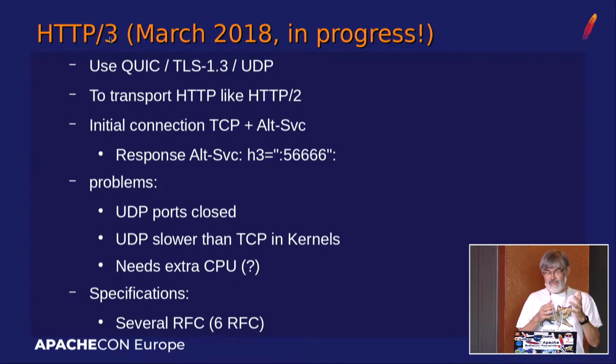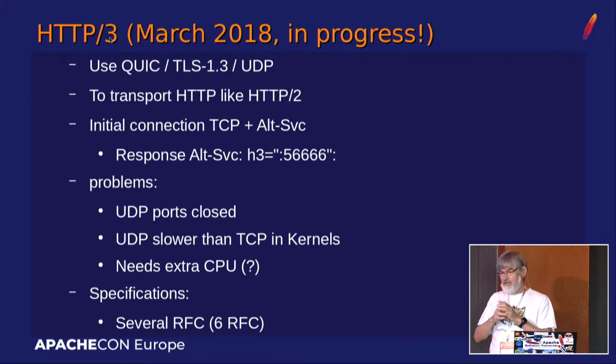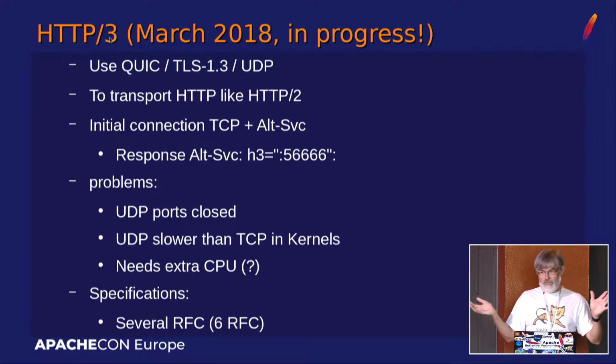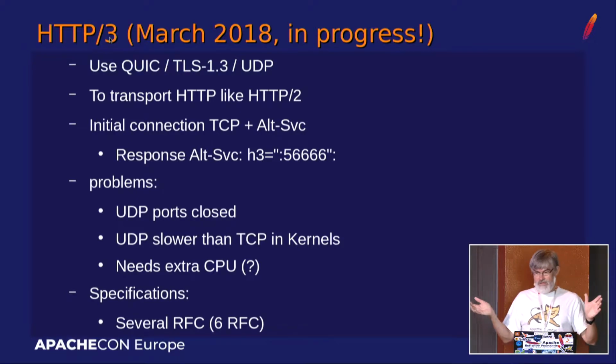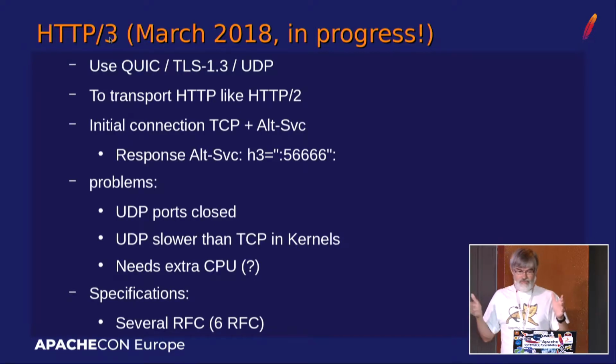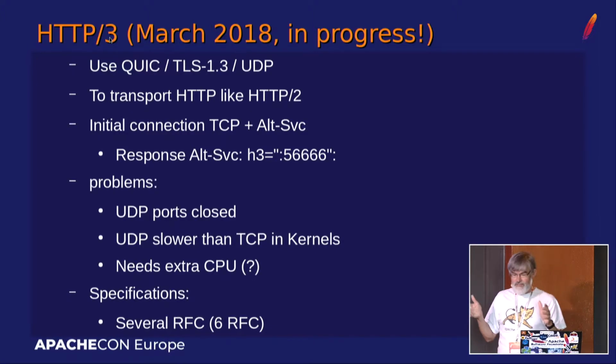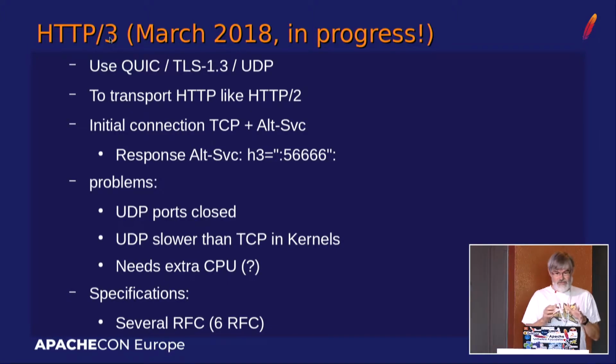So there were different attempts to improve these things, like telling the browser to open more sockets to the servers, also trying to keep them open and reuse them, but that's still not perfect.